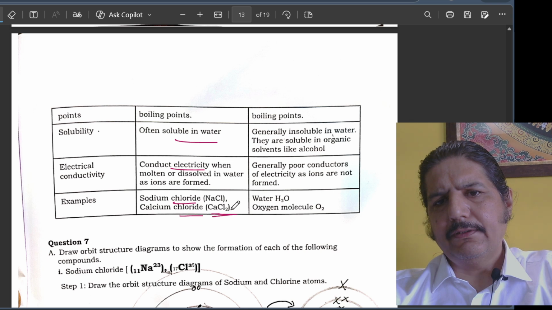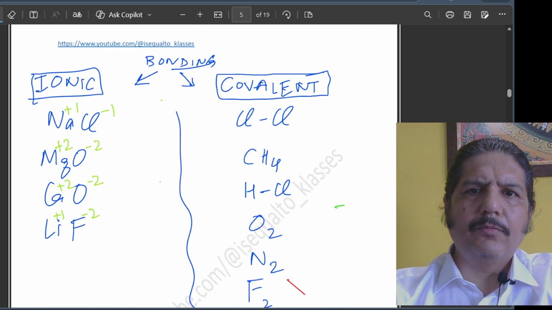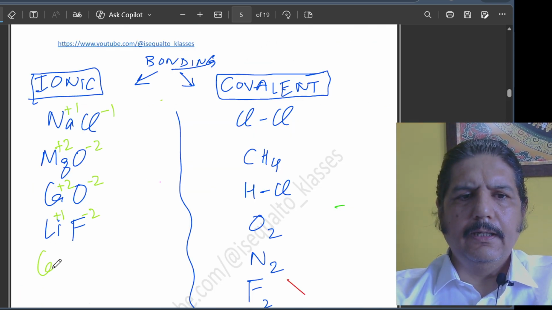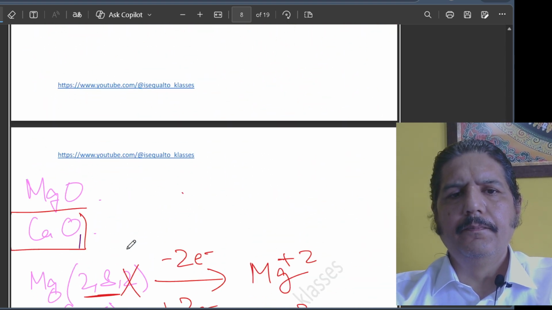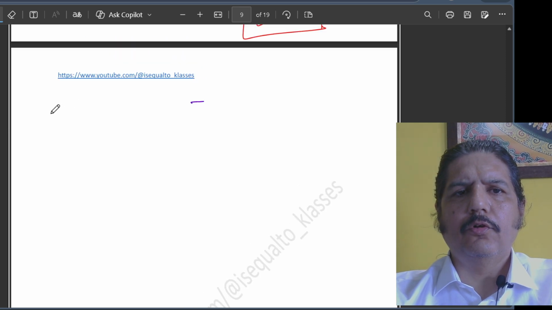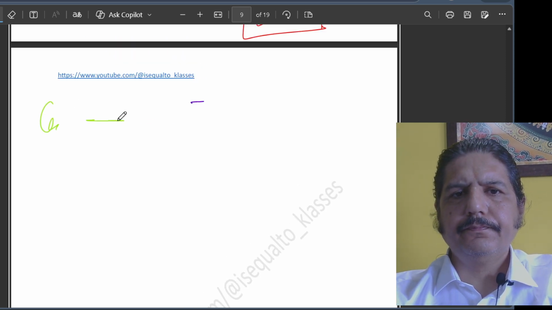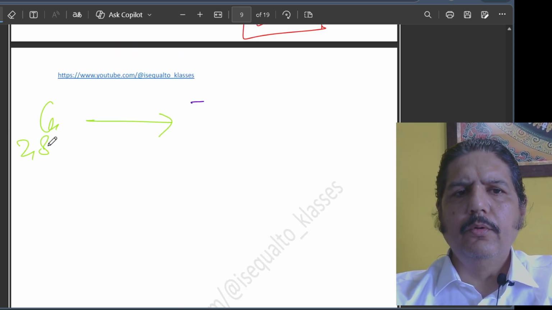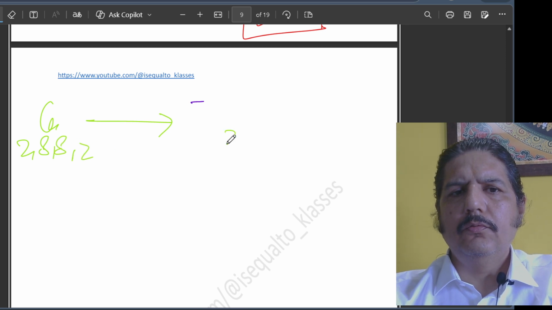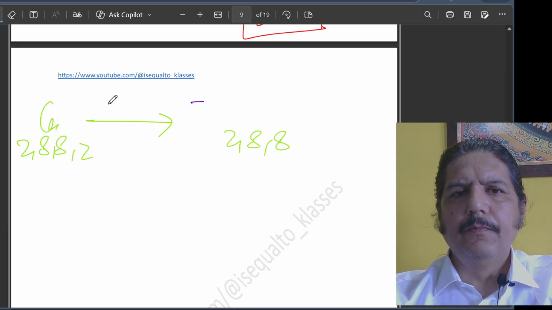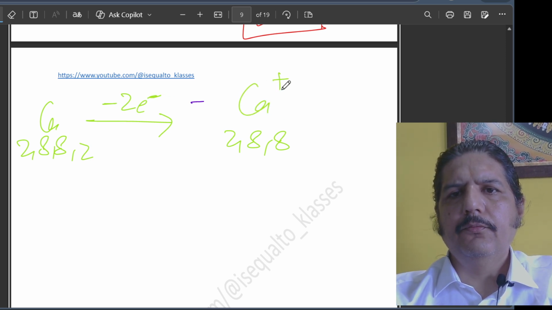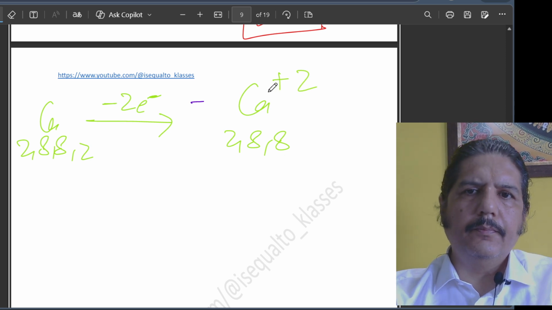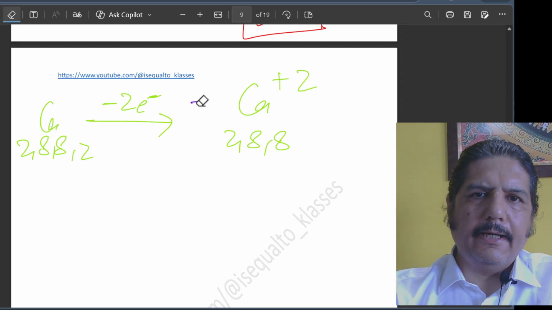If you want to understand calcium chloride, we can take the example of calcium chloride also. I'll write calcium chloride here and I'll explain how CaCl2 is formed. Ca 2, 8, 8, 2 loses 2 electrons, forms 2, 8, 8, and becomes plus 2, a cation.